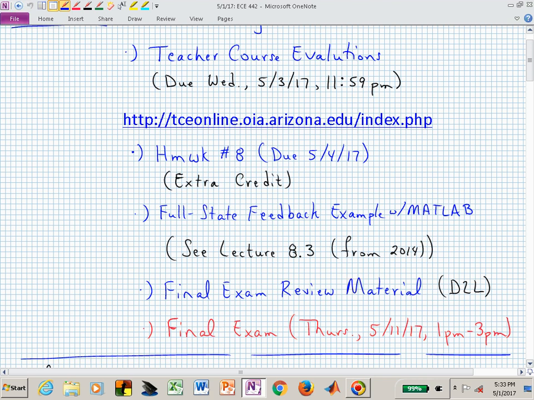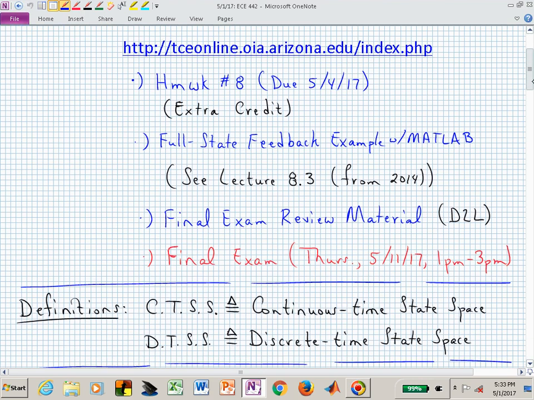It's fairly similar to this semester, and that gives you more time to look at that or to think about the final instead of maybe having that during finals week. I think it will be better to just go ahead and allow you to have access to that now, and that's presently available to you. And as I said, the final exam is Thursday, the 11th of May from 1 to 3, and it will be in this room.